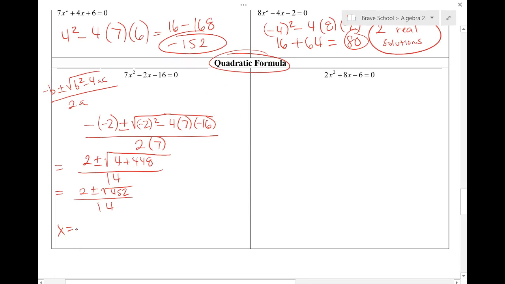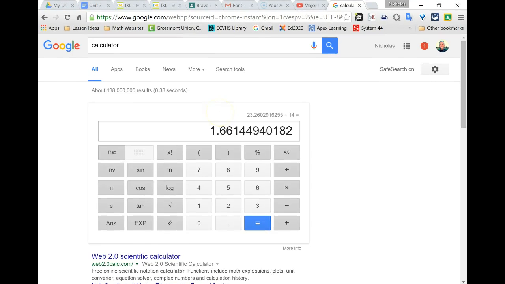So that time I added, so this time we're going to do subtraction. So 2 minus the square root of 452 over 14. Let's do the square root of 452, which is equal to 21.26, so that means 2 minus 21.26.